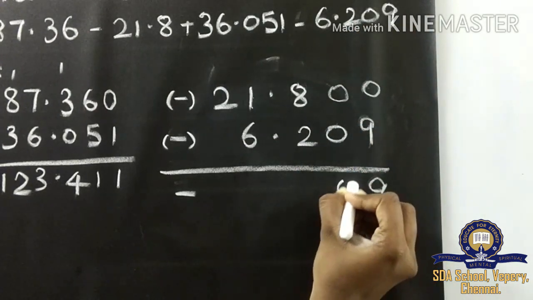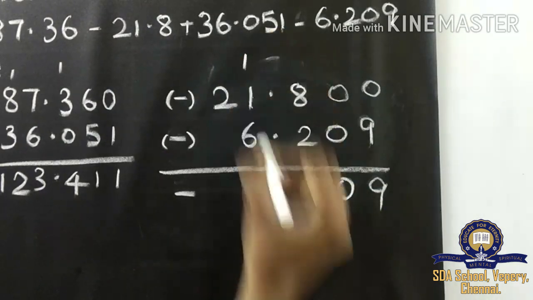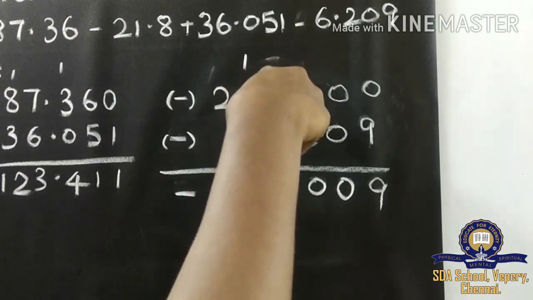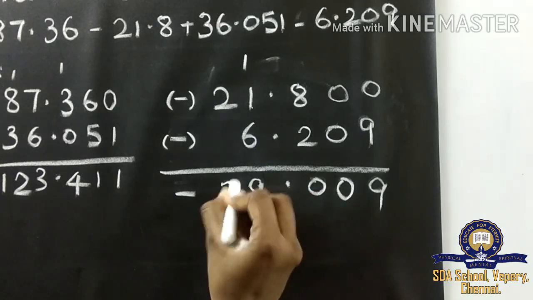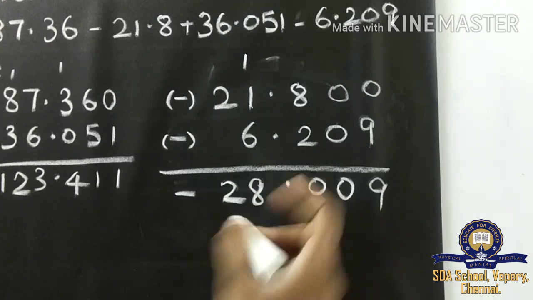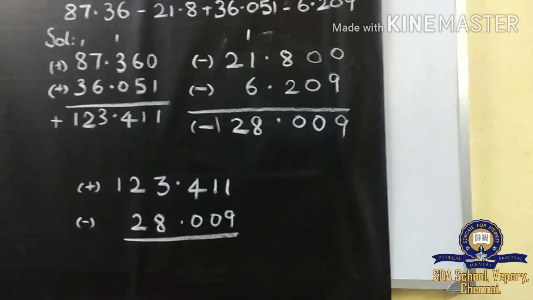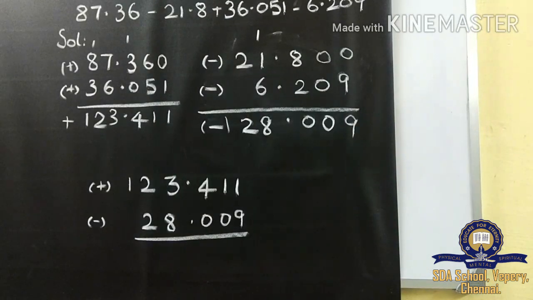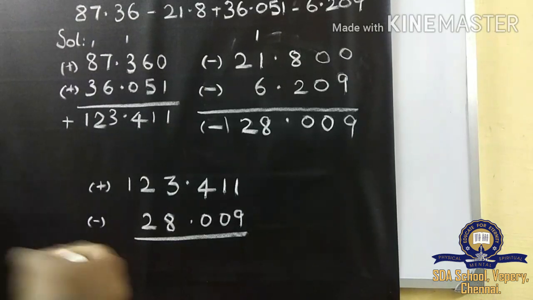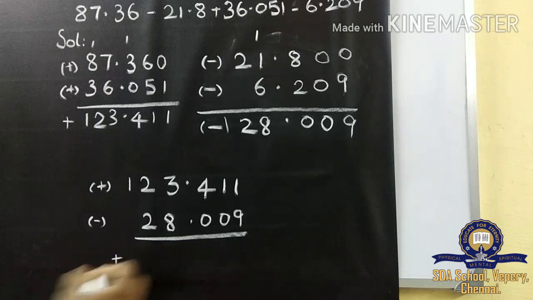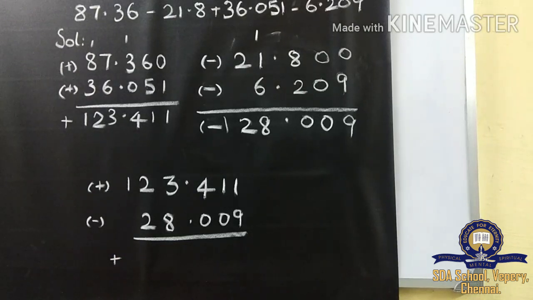9, 0, 10.678, 28.009. The value is negative and here the value is positive. Here you can see that one value is positive and one value is negative. The greater number is positive. So we just put the sign as positive, and here we are going to subtract.